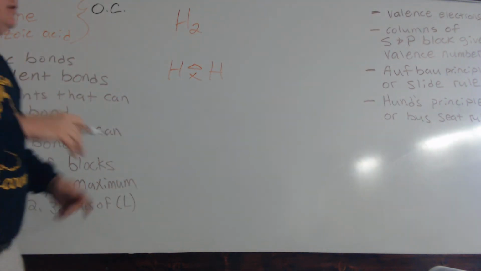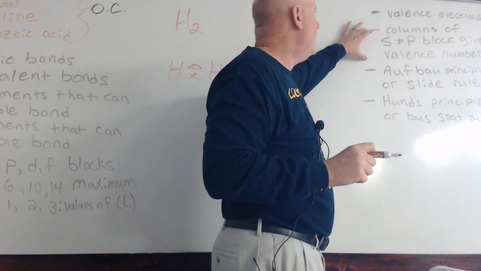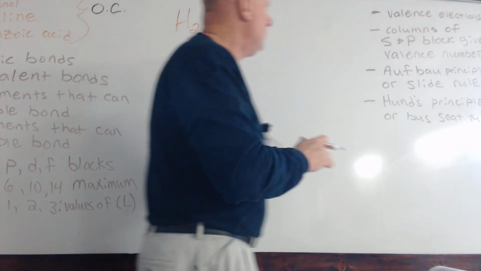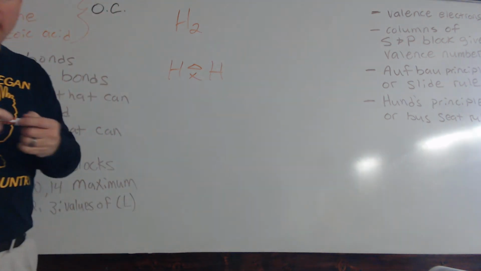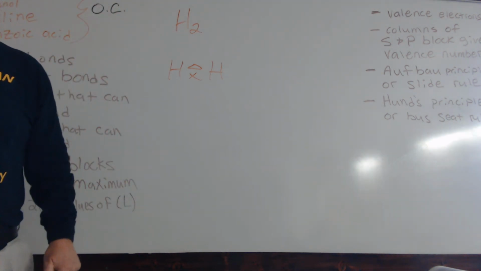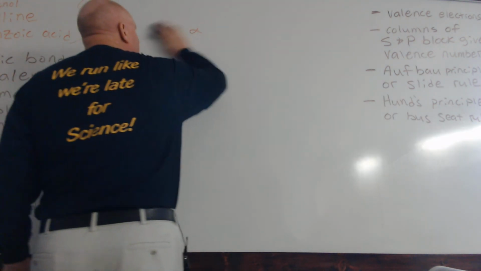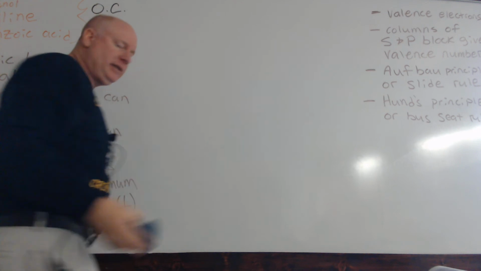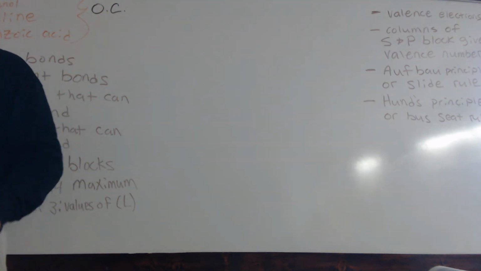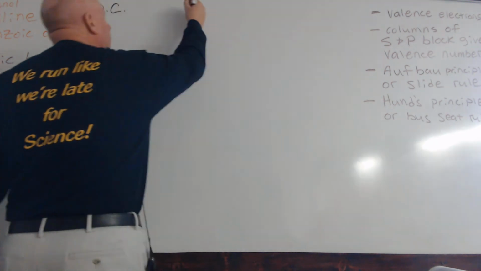Okay, so we've already talked about this. We can make those predictions, okay? S and P blocks will give you your valence number. In other words, if we were to do the element arsenic, we'll do the Bohr model for that. Because it is a P block element, we know there's a couple numbers we can associate with that, okay?